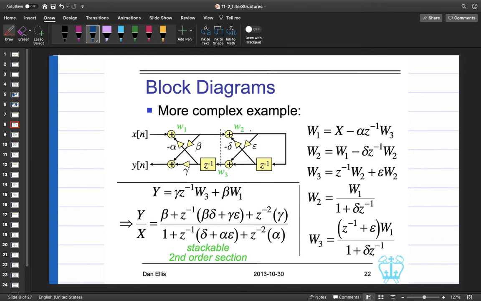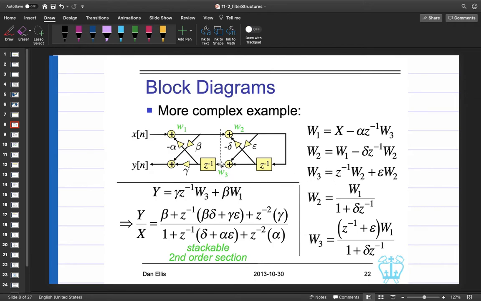Okay, now what is W2? W2 is W1 and through this path minus delta Z inverse W2, right? And what is W3? W3 is basically W2 times epsilon plus Z inverse times W2, right?